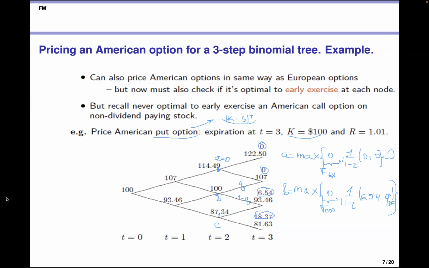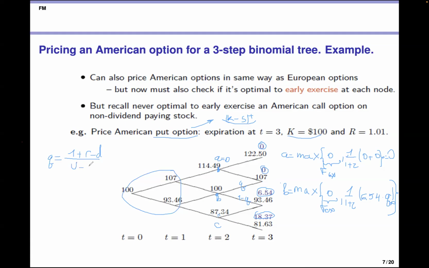So we should compute it now, correct? We should compute QU. And please, Volodymyr, what is the formula? It was 1 plus r minus d, divided by u minus d.